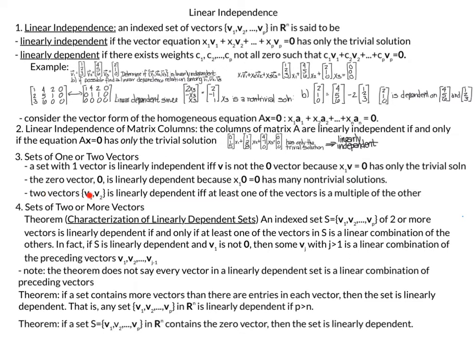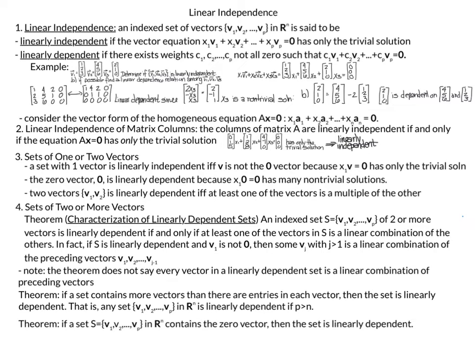Last, the two vectors v1, v2 are linearly dependent if and only if at least one of the vectors is a multiple of the other. We went on to look at two or more vectors, and we had this theorem that characterized linearly dependent sets. An indexed set S = {v1, ..., vp} of two or more vectors is linearly dependent if and only if at least one of the vectors in S is a linear combination of the others.